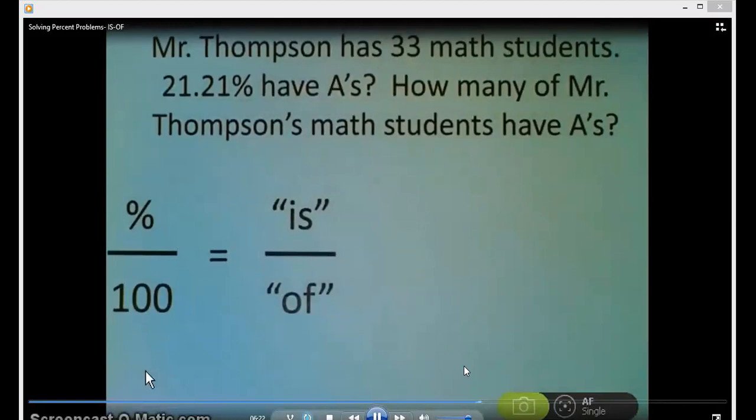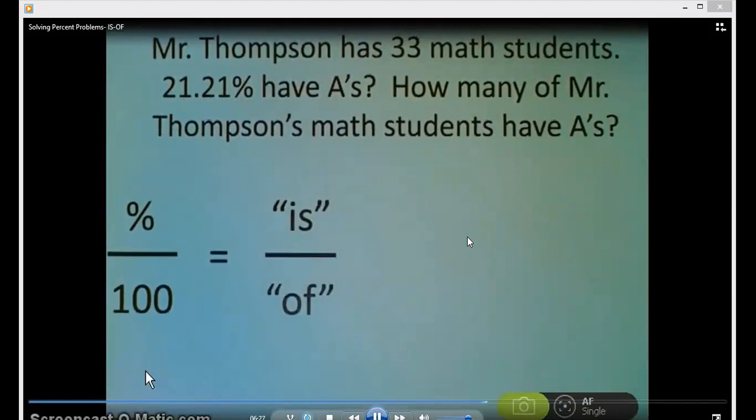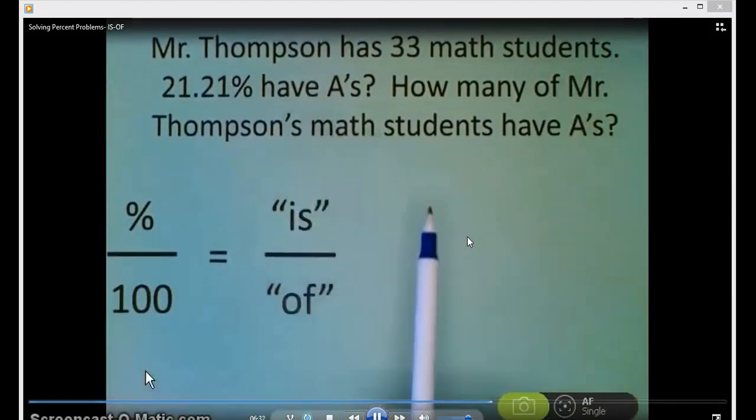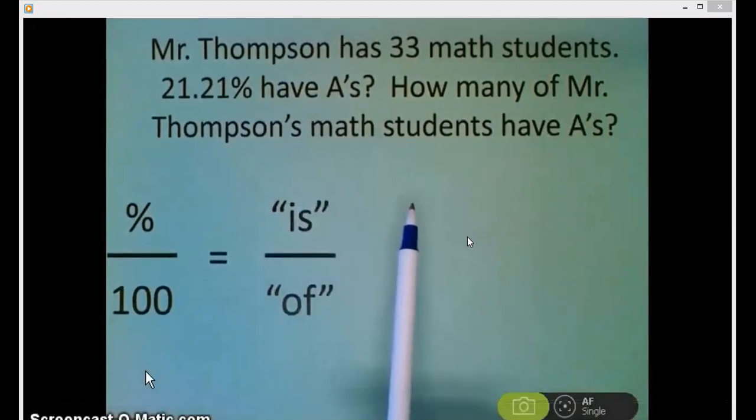Okay, on to the word problems. This is what we need to be able to solve. So let's move to the word problem. Okay, please concentrate. We understand is over of, I hope. You don't have to write down this full problem, but I want you to try this problem on your own.